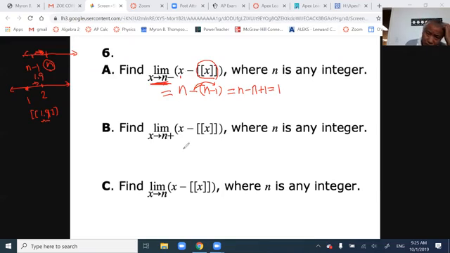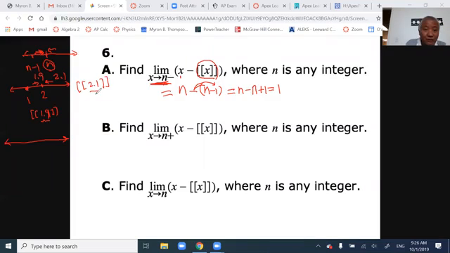When you go to the right limit, we still have a number here. For example, if you approach from the right side, the number is like 2.1. When you take the greatest integer of 2.1, you're looking for an integer as big as possible but still less than 2.1.